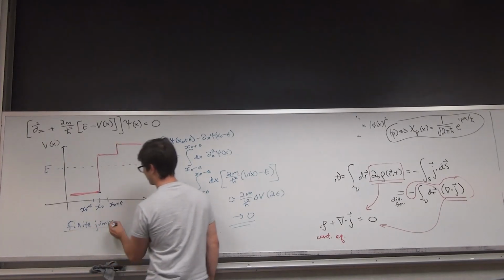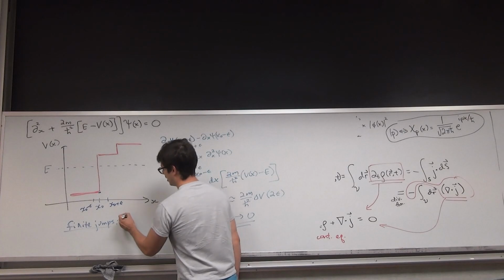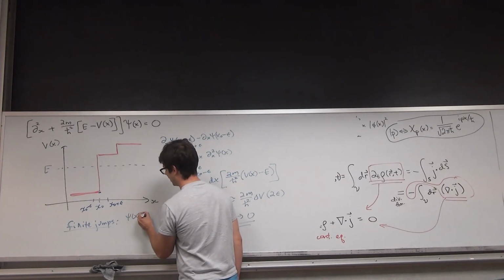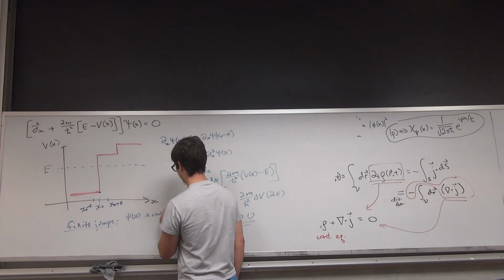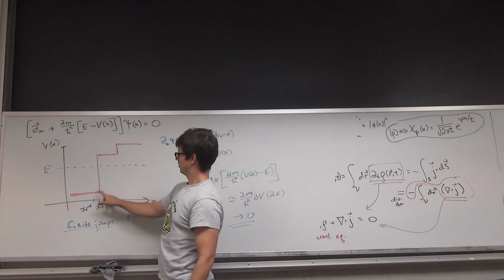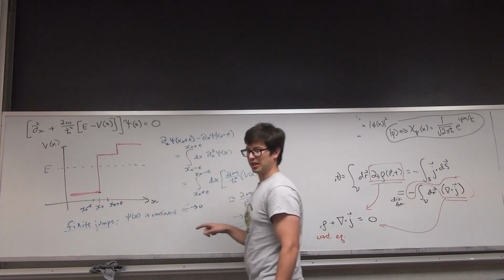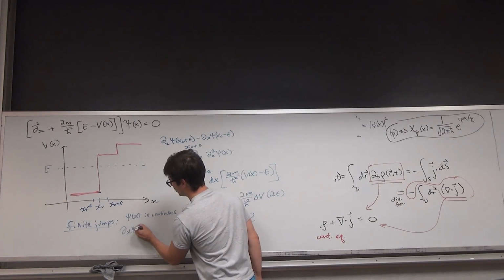So for finite jumps, we have the following boundary conditions. First of all, psi of x should be continuous. It shouldn't jump as we go across one of these steps, and also the derivative shouldn't jump.